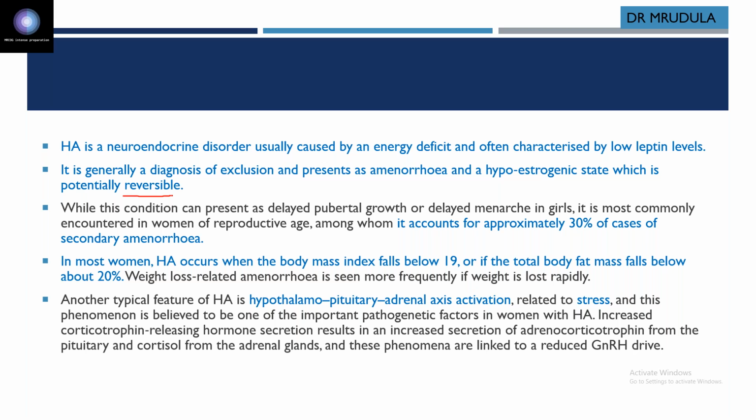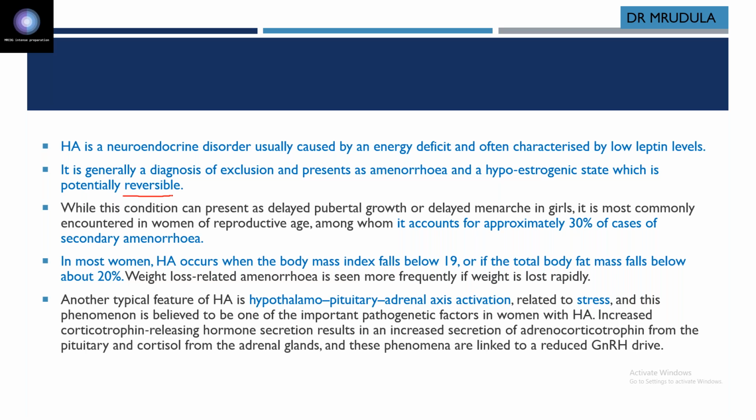When the BMI falls below 19, or when the total body fat falls below 20%, hypothalamic amenorrhea results, and it is seen more frequently if the weight loss is very rapid.